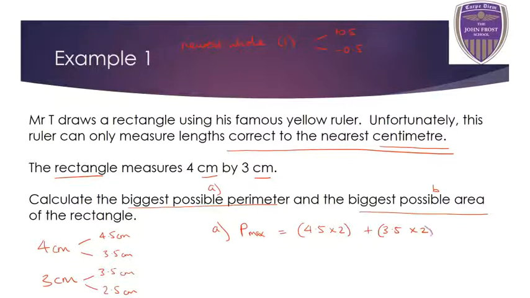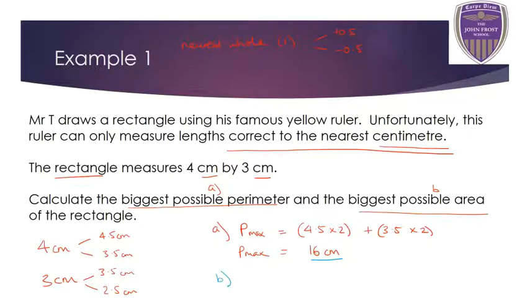Some of you may prefer to do 4.5 plus 4.5 plus 3.5 plus 3.5, but it gives you the same answer anyway. So the maximum perimeter: 4.5 plus 4.5 is 9, and 3.5 times 2 is 7, 9 plus 7 is 16. So the maximum possible perimeter is 16 centimeters.